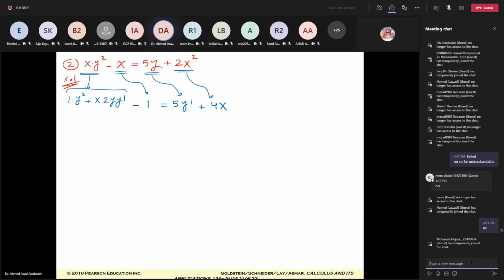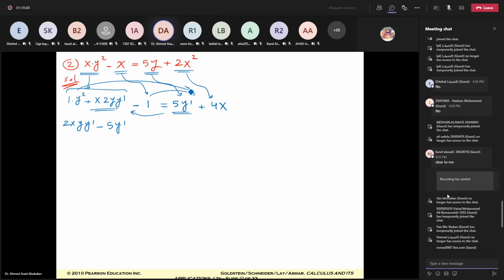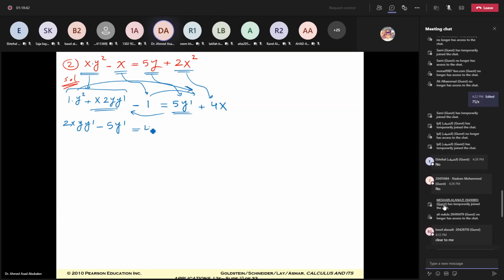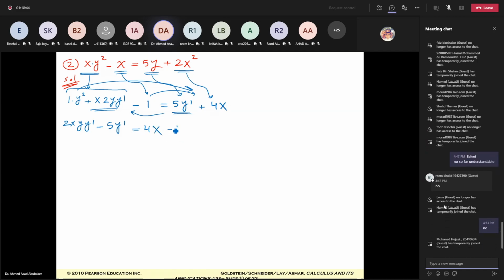Okay, now we have two terms in y′. We have 2xy y′, this one, and we have this one, minus 5y′. We must move it here, and the negative 1, this one negative, move it to the other side. So we have 4x minus y² plus 1.